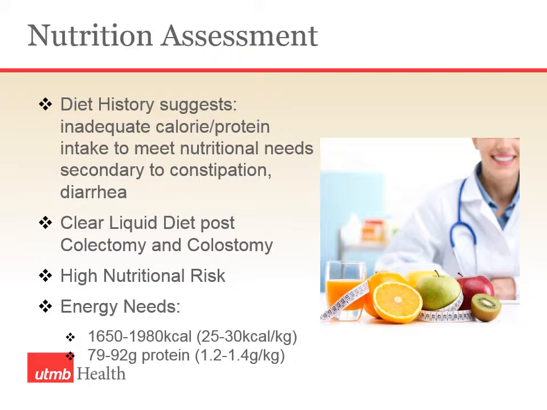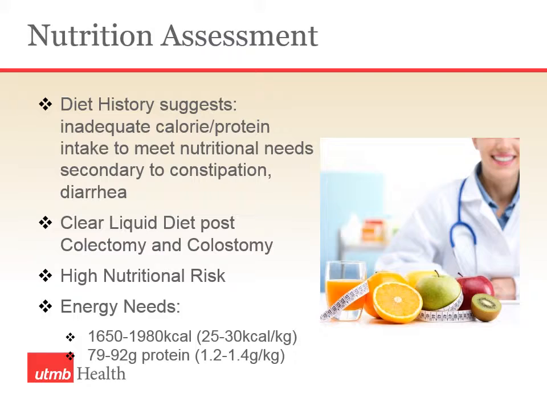He was on a clear liquid diet post an emergent colectomy and colostomy surgery, and that puts him at a high nutritional risk because nobody can live off of clear liquids forever. And I just remember him telling me, I'm so hungry, but the doctor was really concerned with him healing right and making sure that his GI function would be regained. So he was on clear liquids when I first saw him.